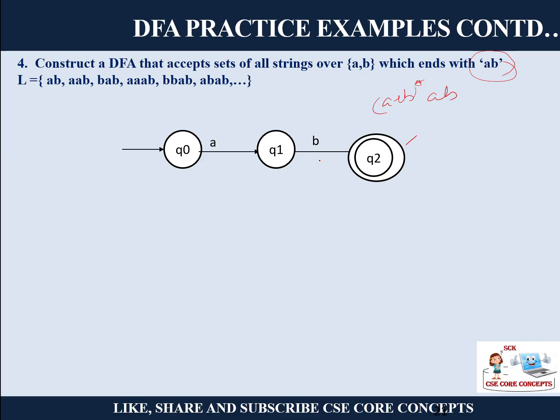Now, here I will show you something very interesting. Generally, students have a habit of showing a self loop without thinking. Now, if you keep a self loop over here, it means that after this AB, you can have any number of A's and B's, which is a wrong concept here because your string should end with AB, meaning nothing should come after it.